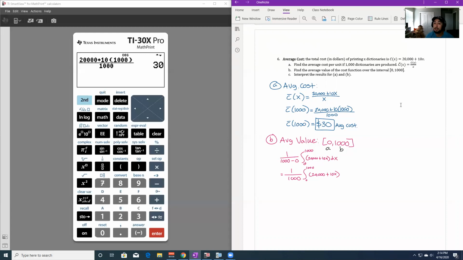We are now ready for the antiderivative. So I'll keep 1 over 1,000 on the outside.